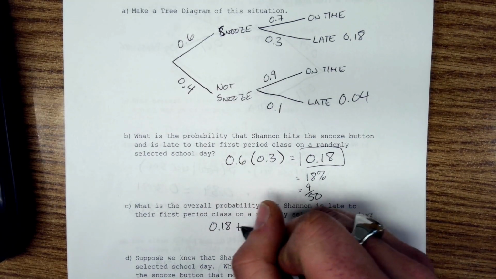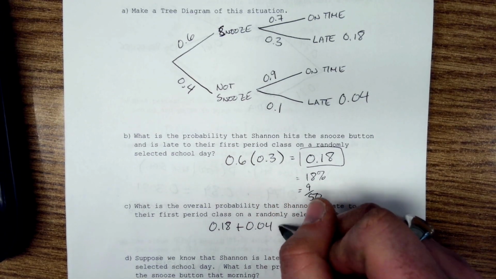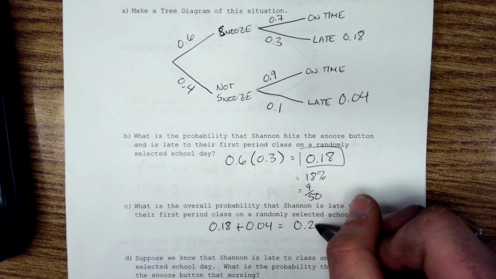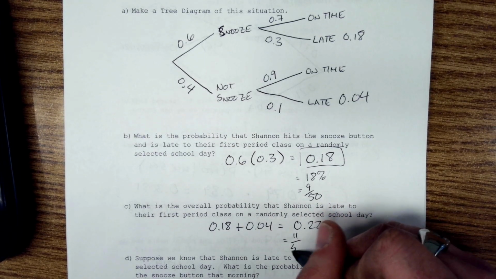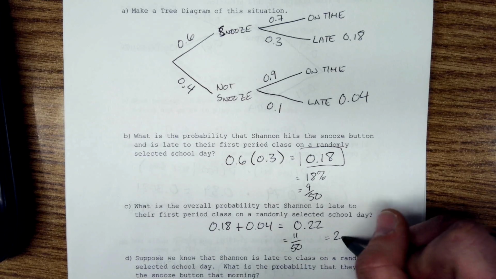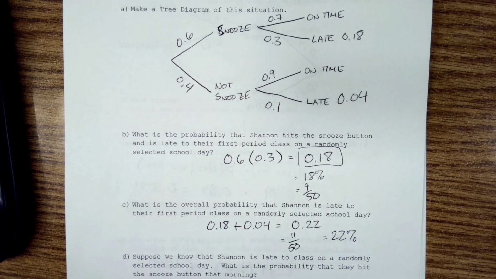And if we add those two late probabilities together, there ends up as a 0.22 chance, or an 11 out of 50 chance, or a 22% chance that they are late at all.